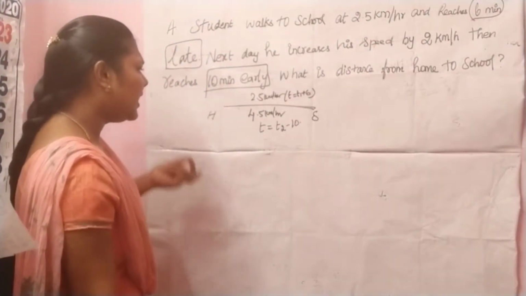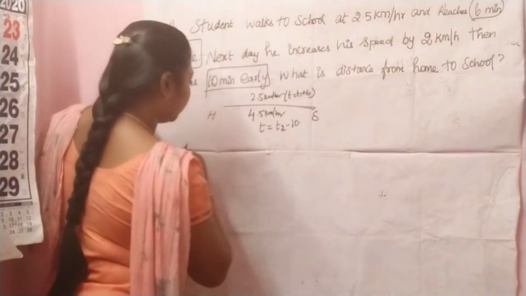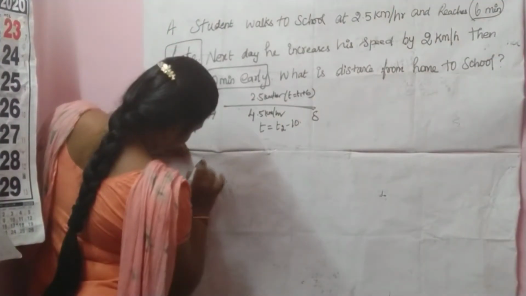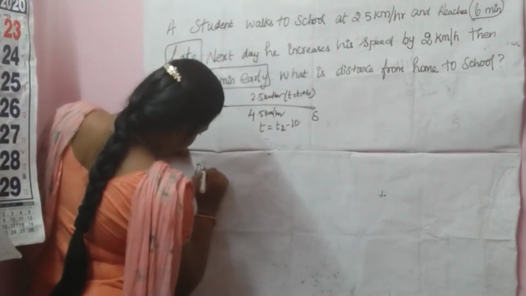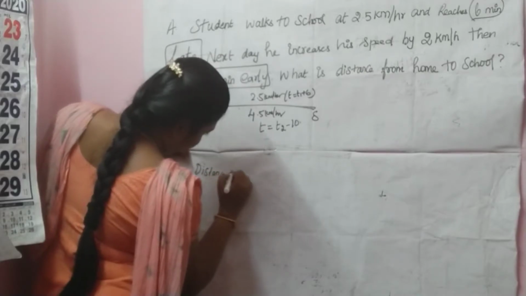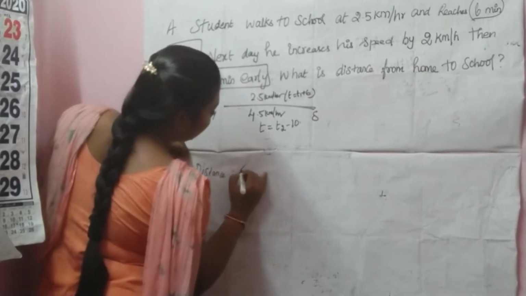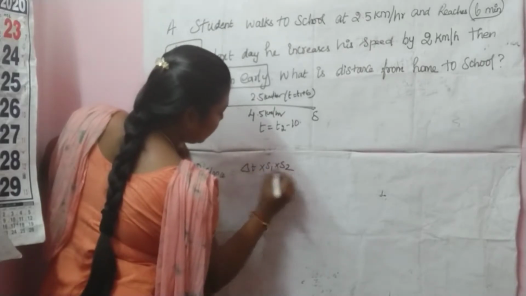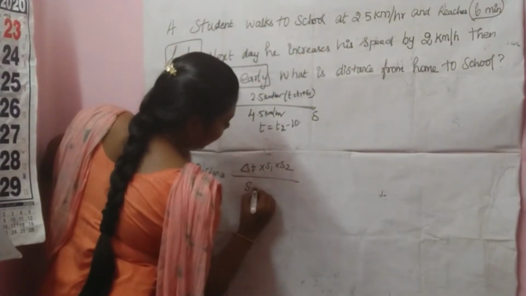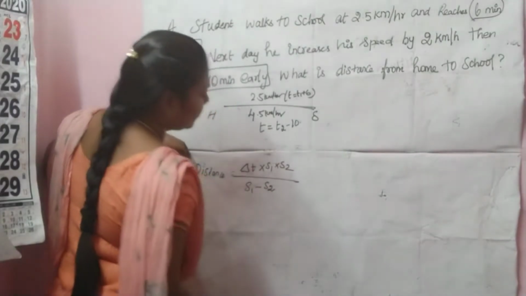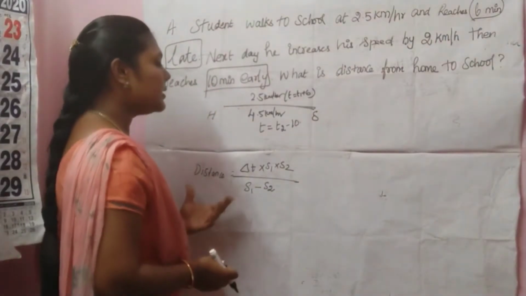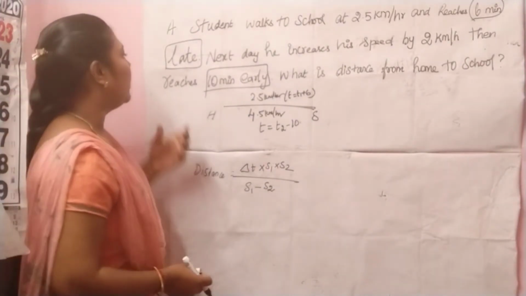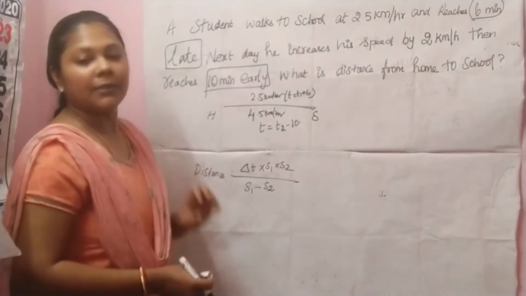Here I am going to explain one formula for distance, only for this model: distance is equal to del t into S1 into S2 divided by S1 minus S2. For this model, this formula is applicable, like late and early methods.